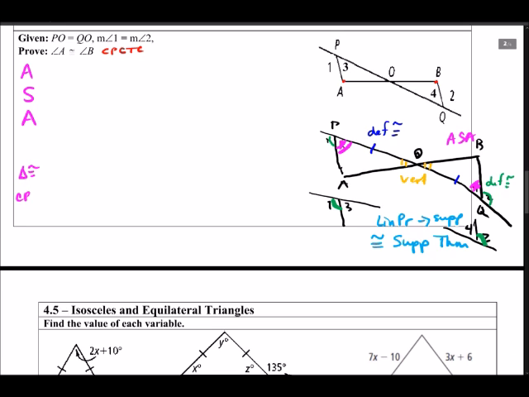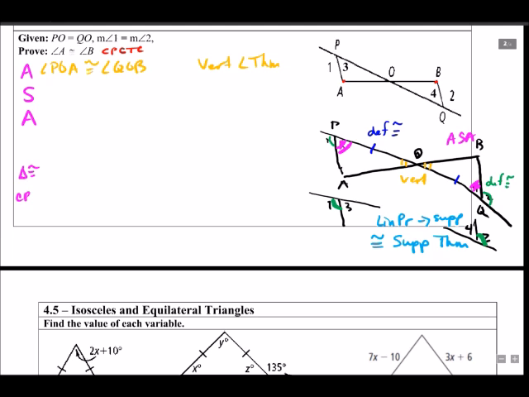So the first angle was really easy. That was our vertical angles. So angle POA is congruent to angle, that would be up the blue side, QOB. And that is vertical angle theorem. And how did we get our side?